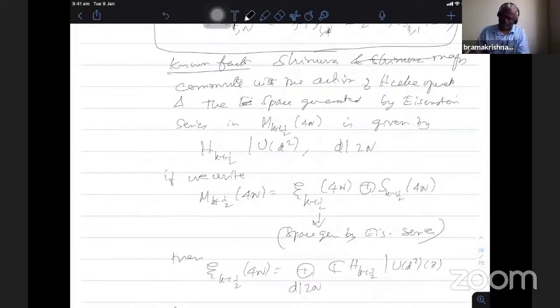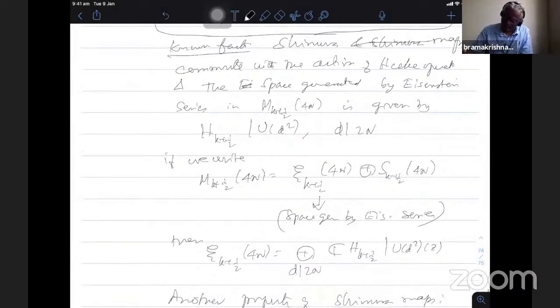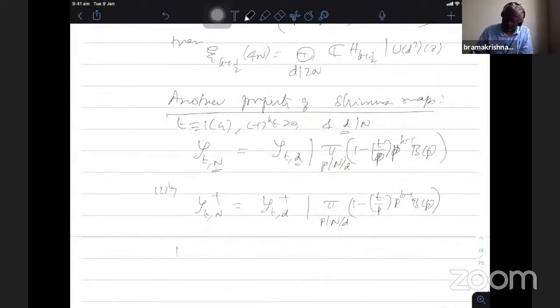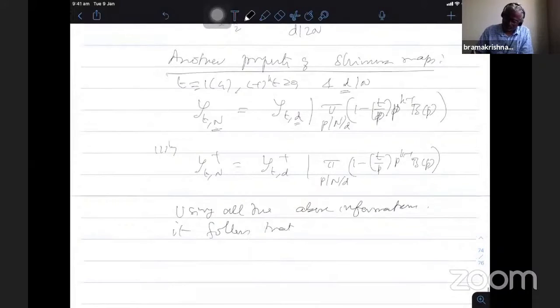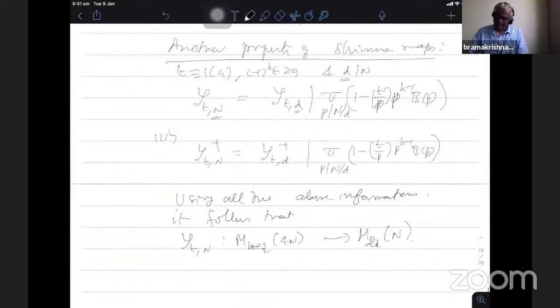So this implies, using all the above information, it follows that S_{t,n} maps M_{k+1/2}^plus of 4n to M_2k. First of all, the mapping property is done, where n is odd and square free.